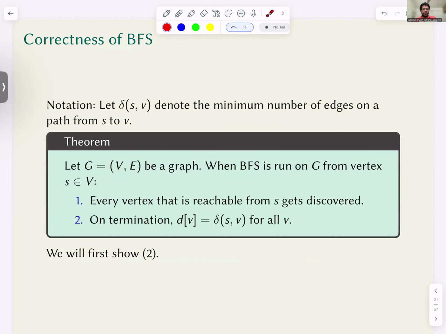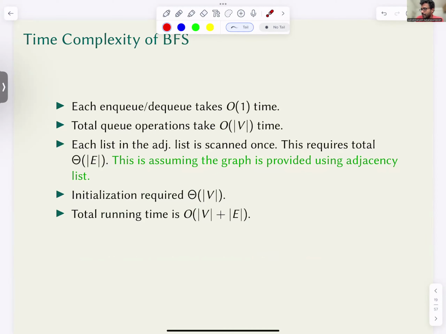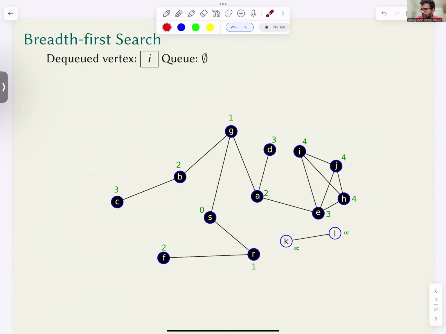Okay. Now I want to talk about the other thing that I discussed earlier. The cool thing about breadth first search as against depth first search is that these d values give the shortest path distance from S to that vertex.